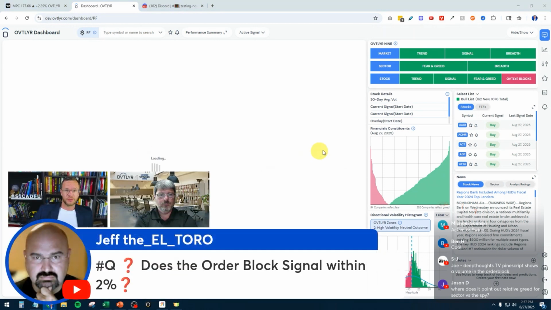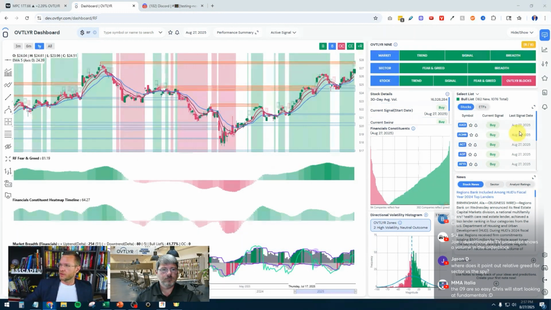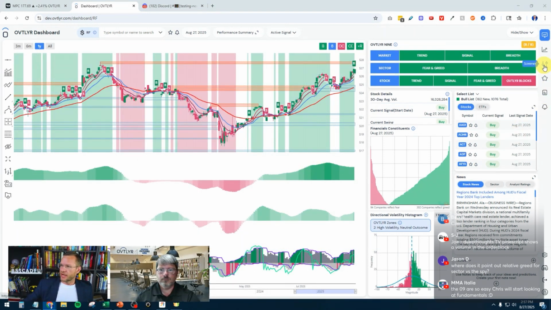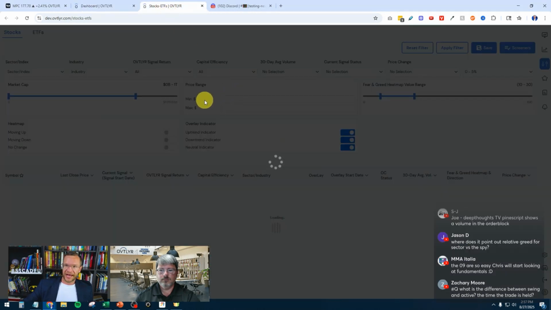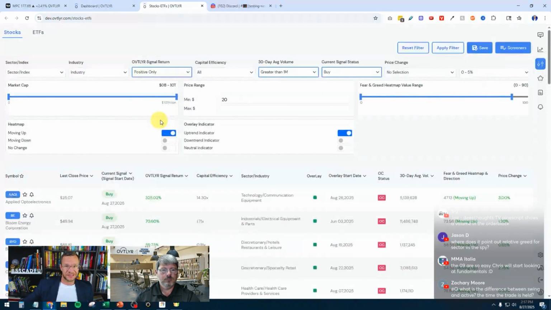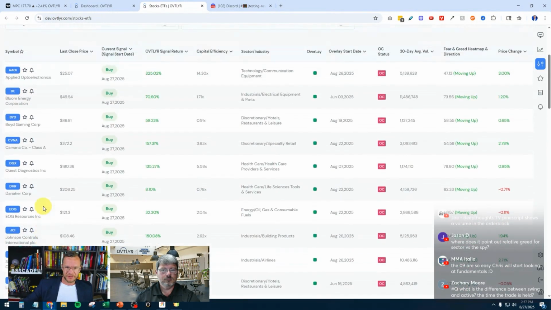And yes, the order block thing is within the 2% range. Okay, let's look at the screener again. So active signals, there's more of them. Swing signals, there's less of them, but they have a higher expectancy. So it looks like the same stocks.